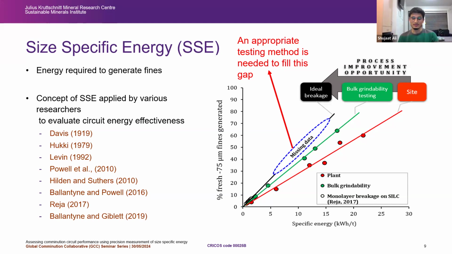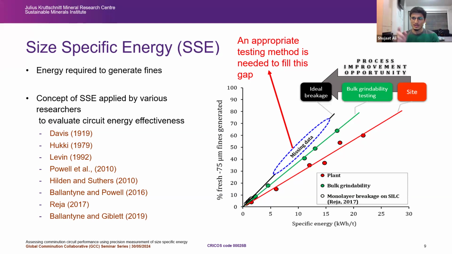The beauty of this method is that you can apply it to industrial devices and lab scale devices, because every method will give you sizing data and the energy that you input. It provides a good way of comparing your circuits or other laboratory methods against the ideal test that we are talking about.